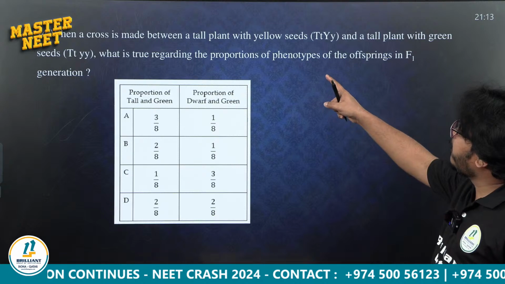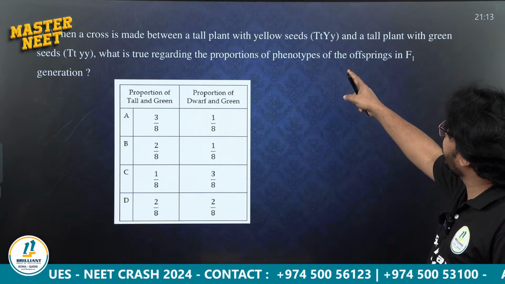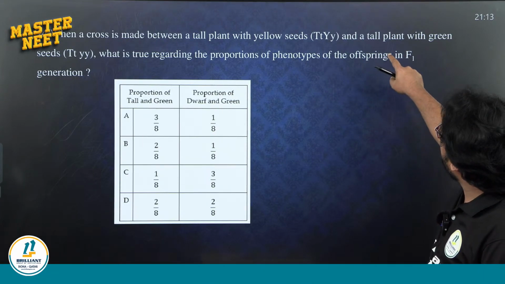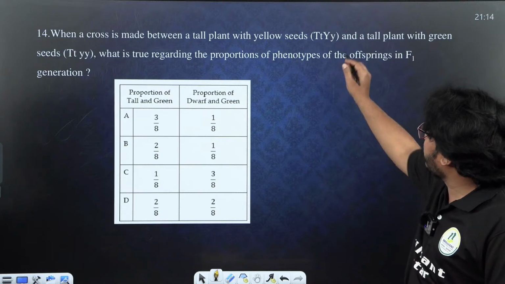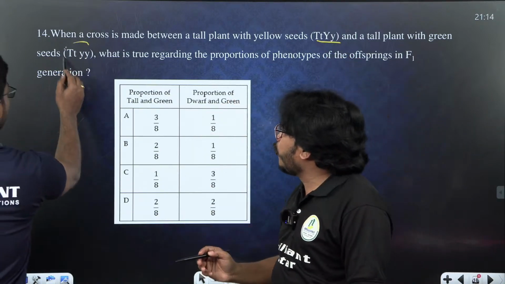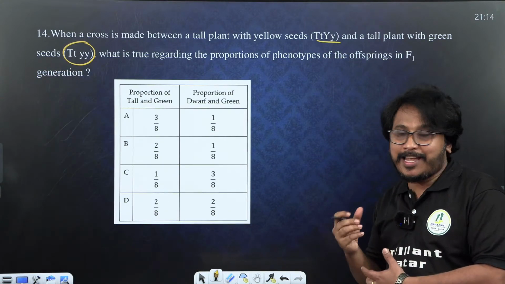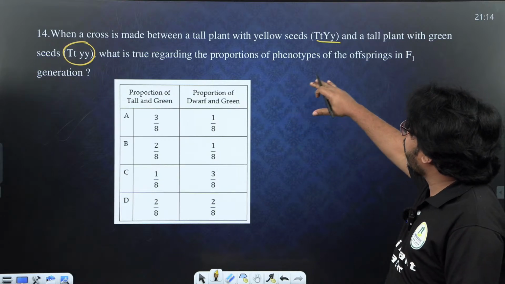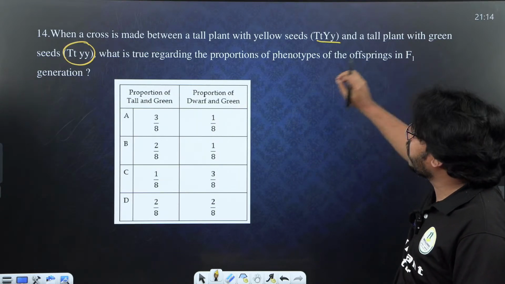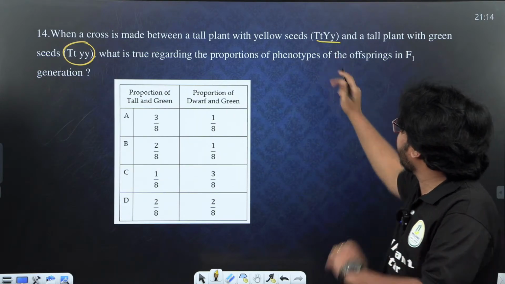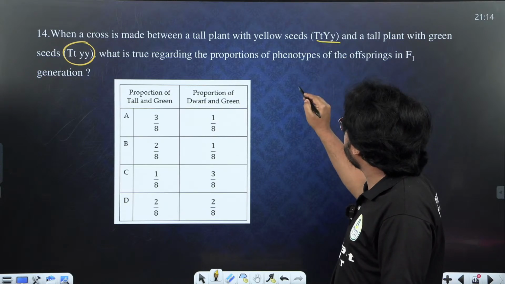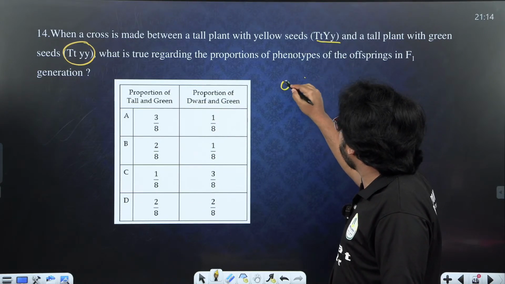When a cross is made between a tall plant with yellow seeds and a tall plant with green seeds, the genotype is already given, so you should know how to take the gametes. What is true regarding the proportion of phenotypes of the offspring in the F1 generation? This one I am going to take as the male gamete. How many gametes can they form?